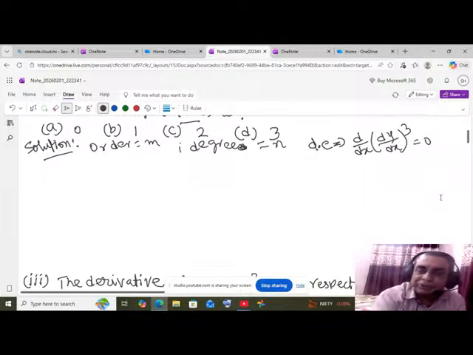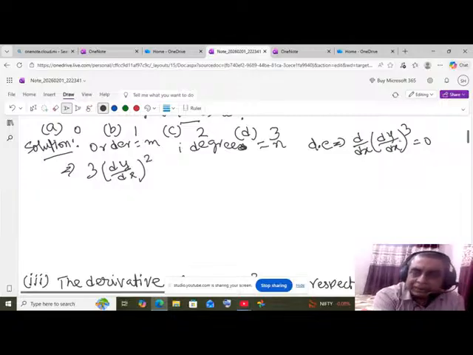Now we differentiate it. The power 3 will come down, and the power of dy/dx decreases by 1, so power 3 becomes 2, and then we differentiate dy/dx, which becomes d squared y by dx squared, equal to 0.